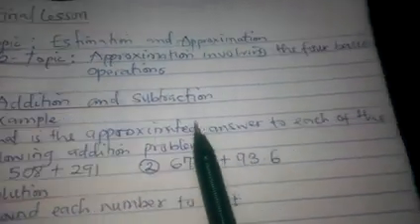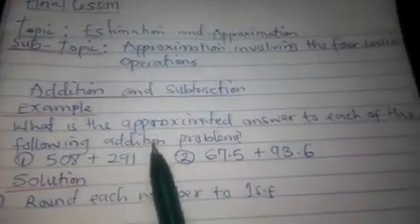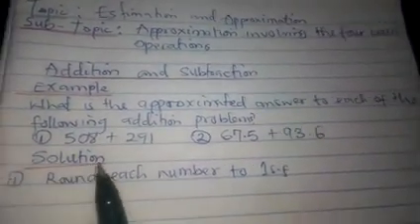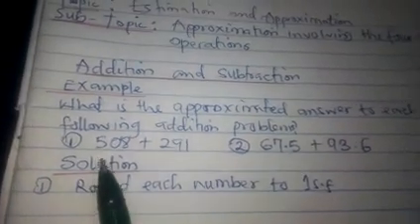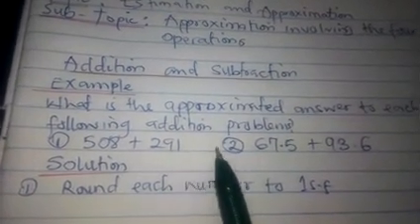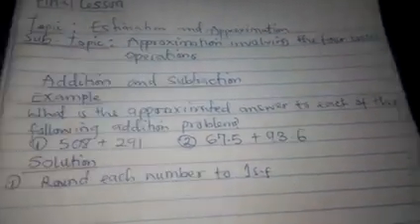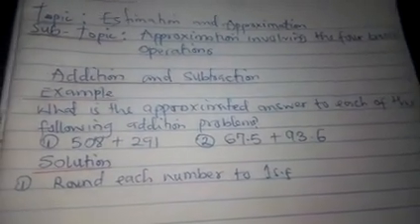Example, what is the approximated answer to each of the following problems? We have this question: 508, 291, 67. All these ones are decimal places. Now, how do you do this?